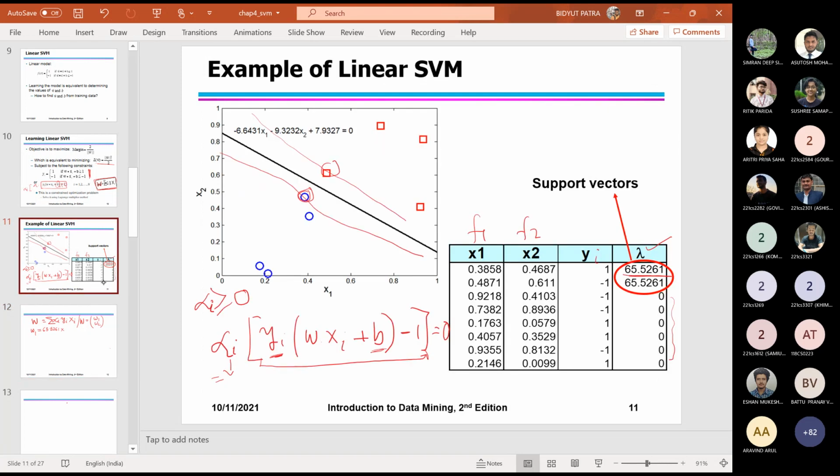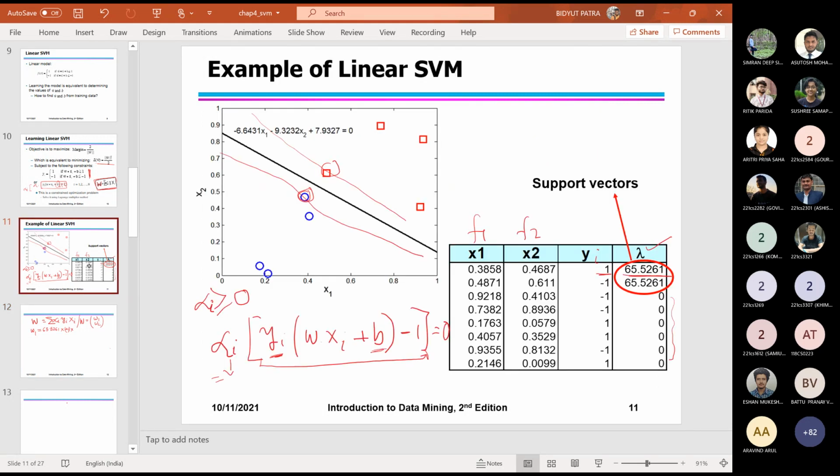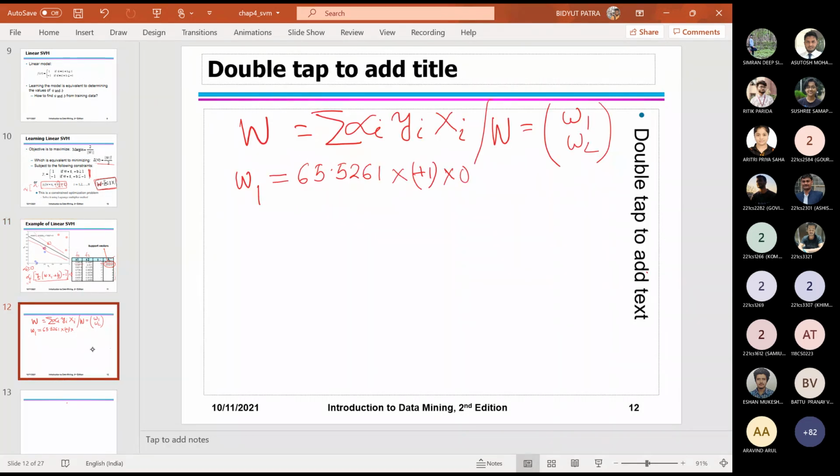Yi for this one is +1. So this is +1 into xi. Xi means the first one. Okay, so what is the coordinate of this one? 0.3858. Okay.